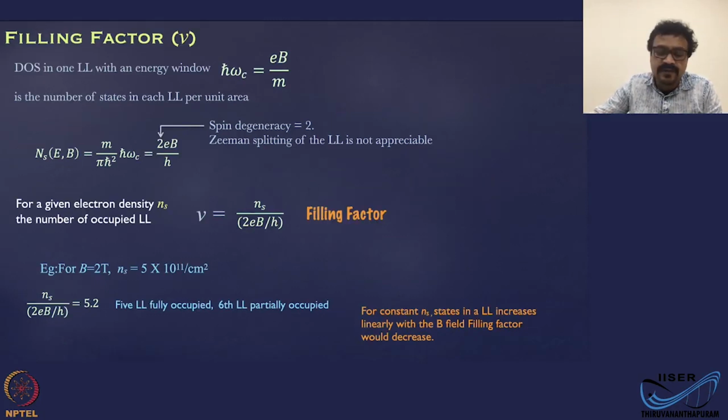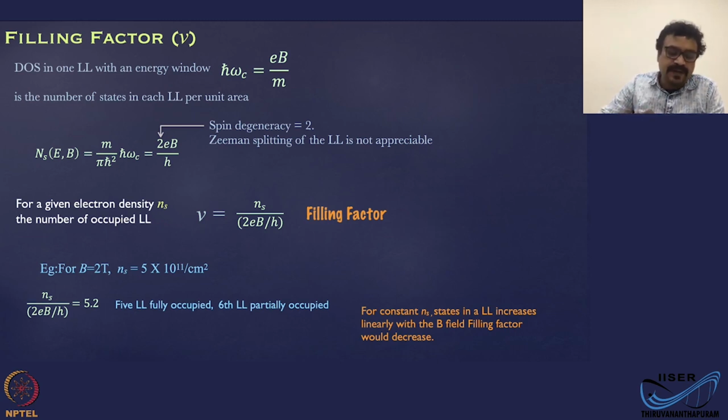Now there is another concept or terminology called filling factor. The filling factor says how many Landau levels are actually filled at a certain field for a given electron density.